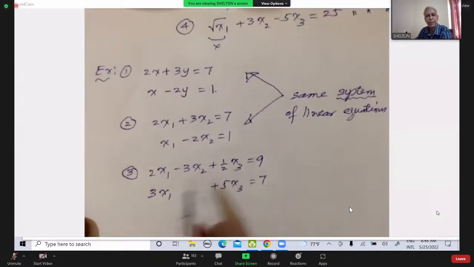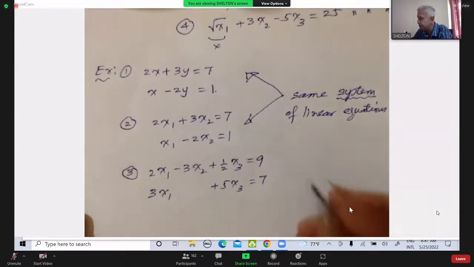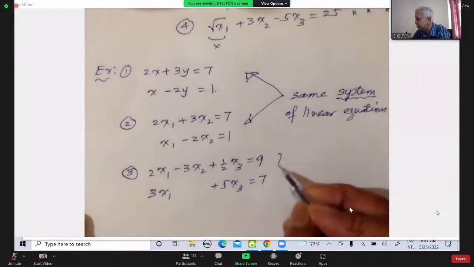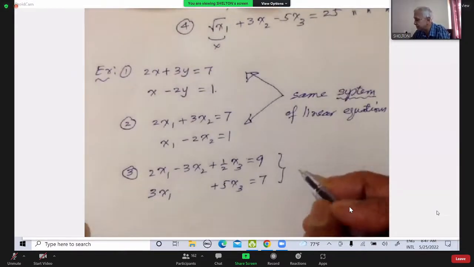Where is the x2 term? The x2 term is missing, meaning we can consider it as plus 0 times x2. Now, this is also a system of linear equations. You might say there are 3 variables, so we have to have 3 equations. No, no such thing. This is also a system of linear equations.